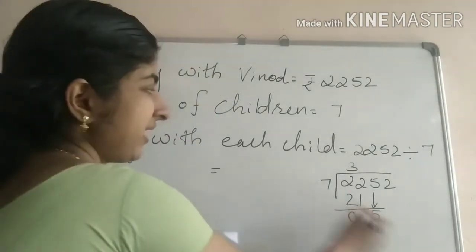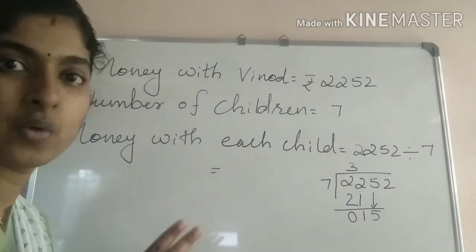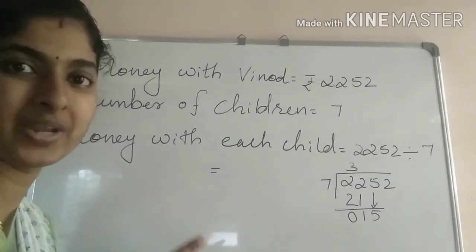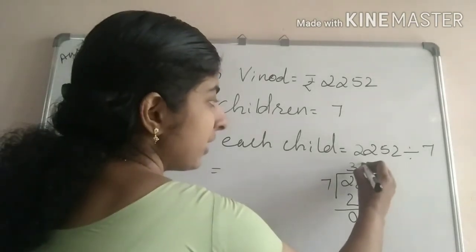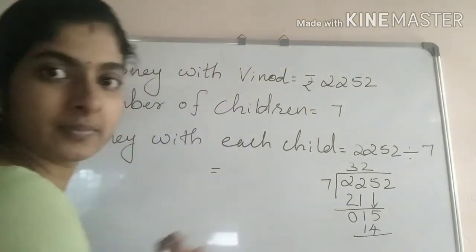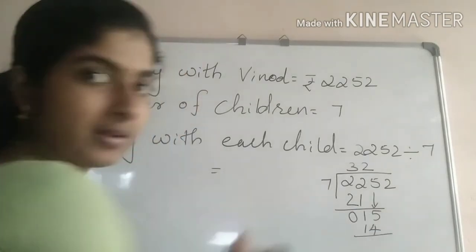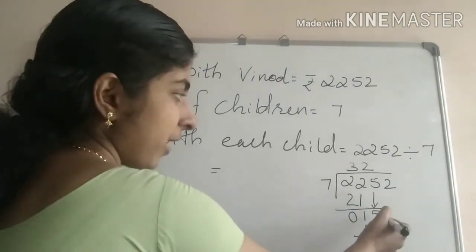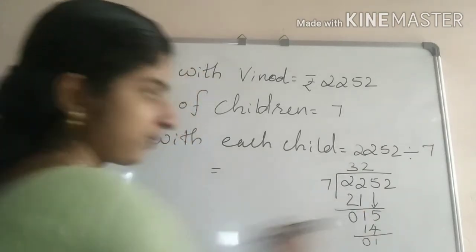Then this 15 has how many sevens? 2 sevens, isn't it? 1 seven is 7, 2 sevens are 14, 3 sevens are 21. Here only 15, so we take only 2 sevens, 14. Then 15 minus 14 is 1, that is 5 minus 4 is 1, 1 minus 1 is 0.